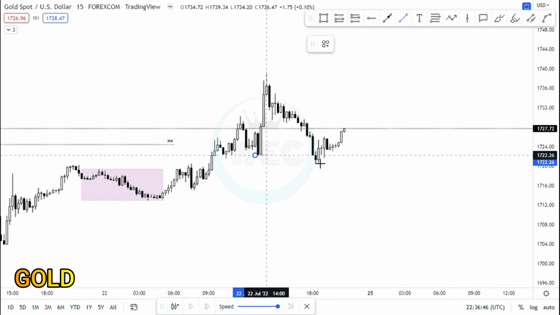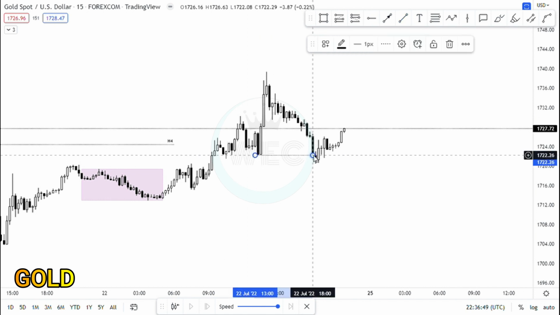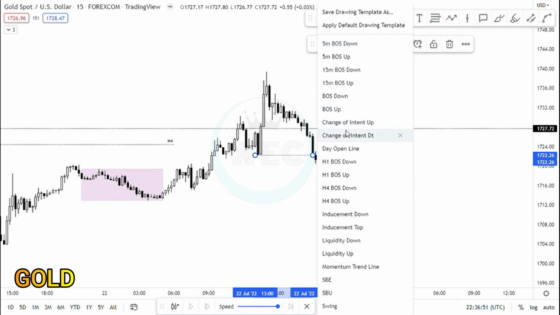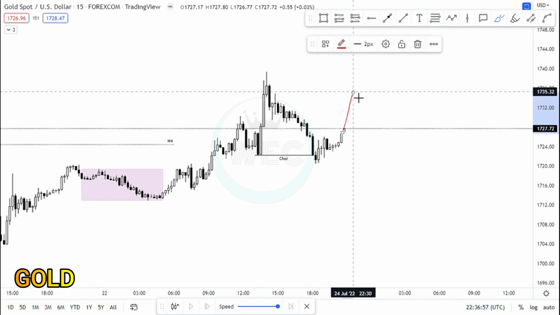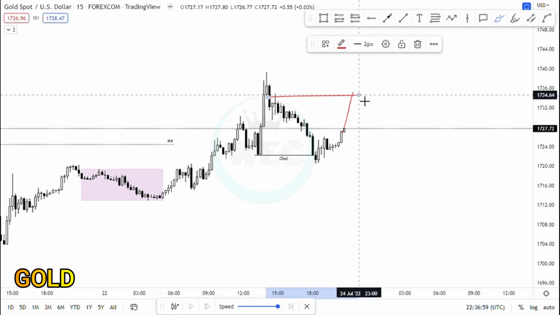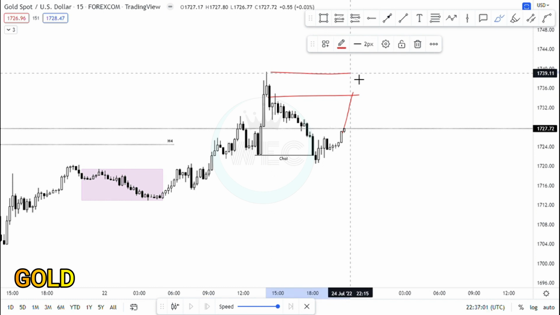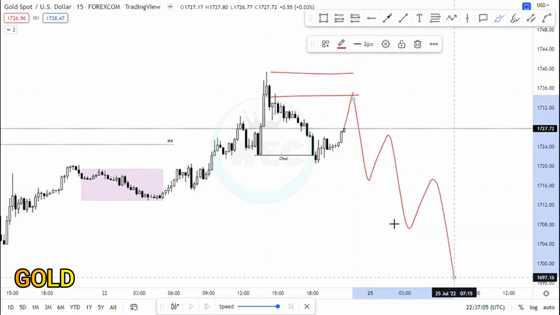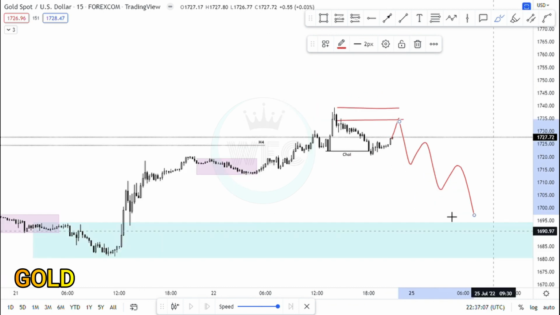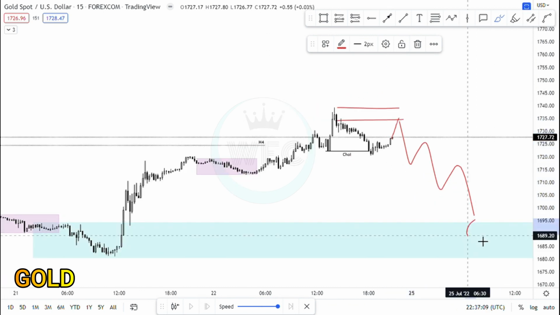So I'm going to show that real quick. Change of intent to the downside. Great. So what I will be expecting is for price to make at least a little pullback into this level of supply right in here, right? Then we can start riding on the counter trend move into this level of H4 demand.